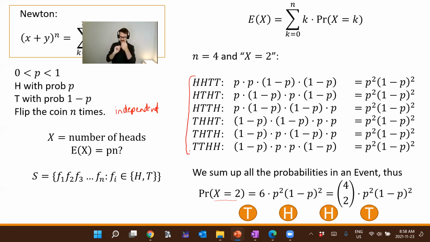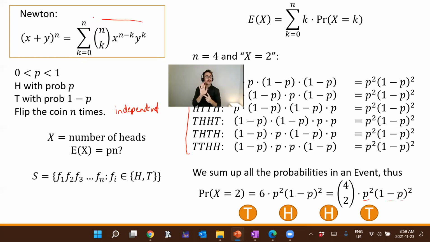We have 4 coin flips, and 2 of those 4 are going to be heads. So we want to count all of the ways that we can have 2 coin flips come up heads out of 4 flips total. That is 4 choose 2. So that is equal to 4 choose 2 times p squared times 1 minus p squared. And perhaps you might notice that this is starting to look a little like a binomial.